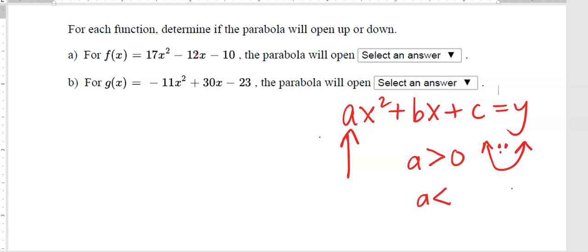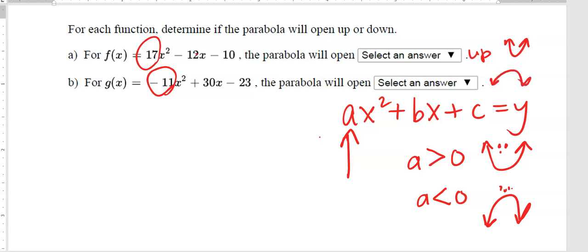If A is negative, people frown and it opens down. So in our case, A is 17, which is positive, so it's going to open up. In the second case, A is negative, so it's going to open down.